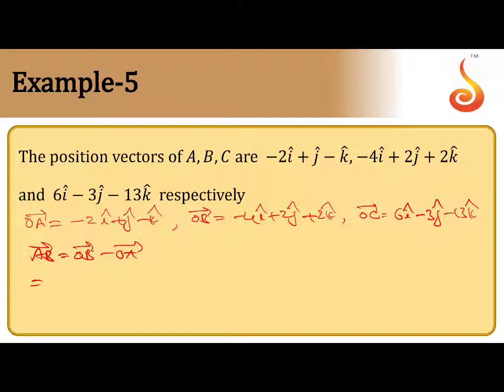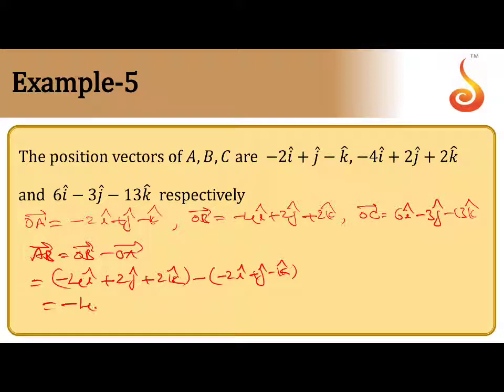OB is -4i + 2j + 2k, minus of (-2i + j - k).